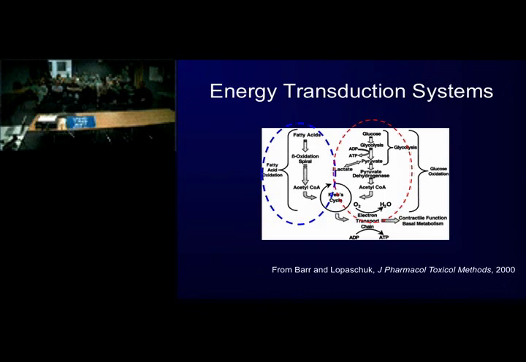The reason why these are circled in different colors and this one is bolded is because the fatty acid oxidation pathway is the primary way that cardiomyocytes are able to get their ATP.